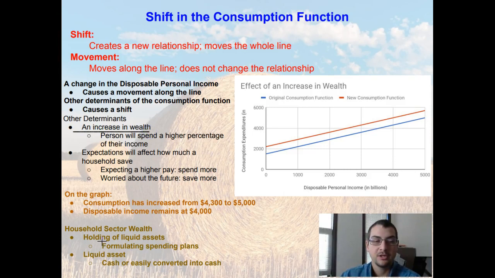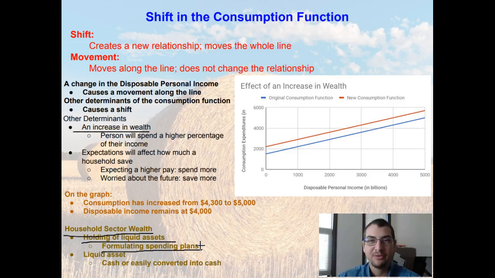So we talked about how an increase in wealth might encourage people to actually spend more. Well, what is wealth in terms of a household sector? Household sector wealth is generally allocated by the holding of liquid assets. And the more liquid assets you hold, it helps with formulating spending plans. The more liquid assets you hold, it means you have more money in reserve.